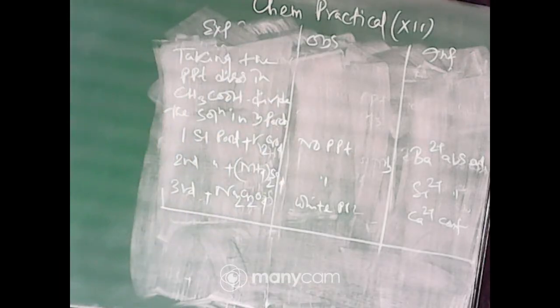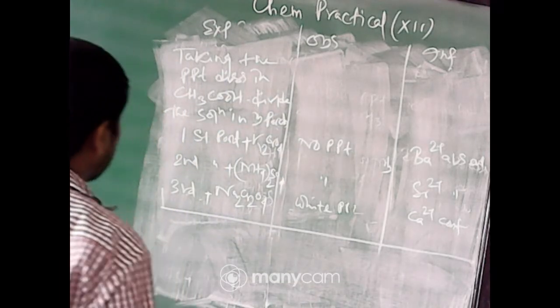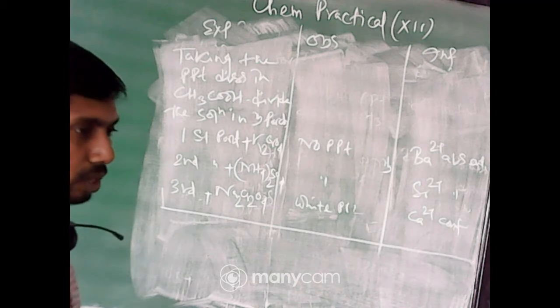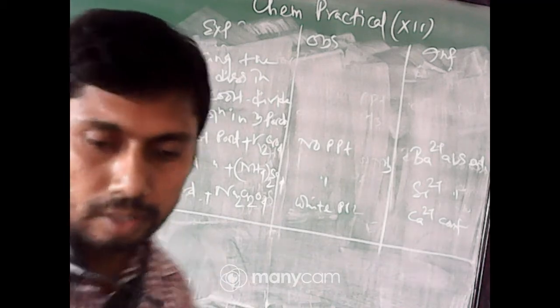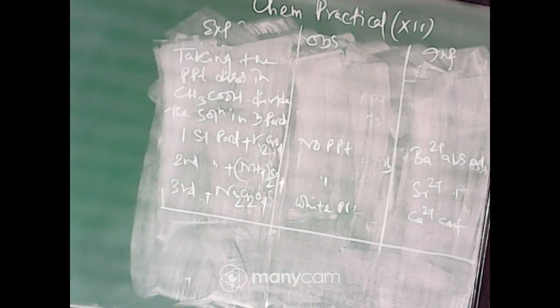Now I will give you the hint how to write that. Check the last section of the previous one, then I will go for magnesium nitrate, that is, if magnesium is present, then how to write it. Okay, is this clear?